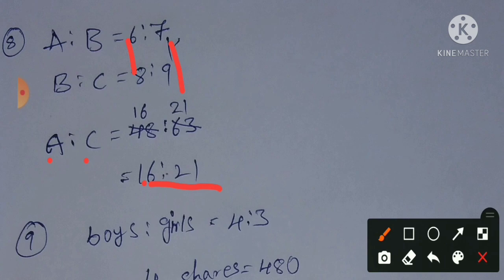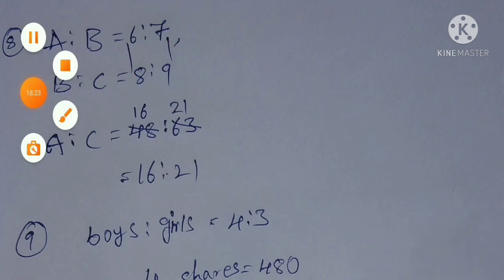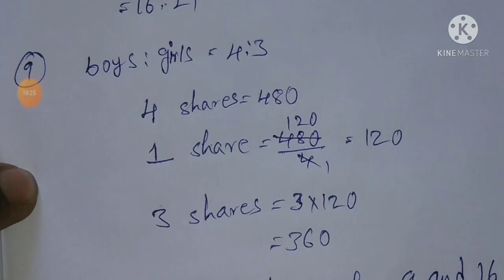Next question. The ratio of number of boys and girls in a school is 4 is to 3. If there are 480 boys in the school, find the number of girls in the school. So number of boys to girls ratio is given 4 is to 3.